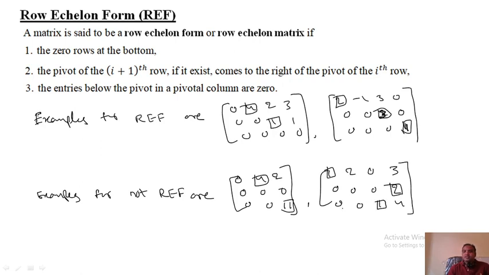The second row has a pivot, the third row also has a pivot, but it is not to the right of the second row's pivot. It is to the left. That's why it's not an echelon form. It must be to the right of the previous row's pivot, that is, the i plus 1th row's pivot must be to the right of the ith row's. But here it is to the left.